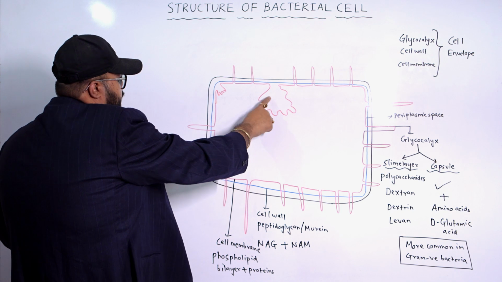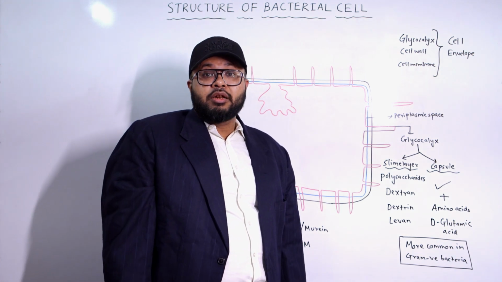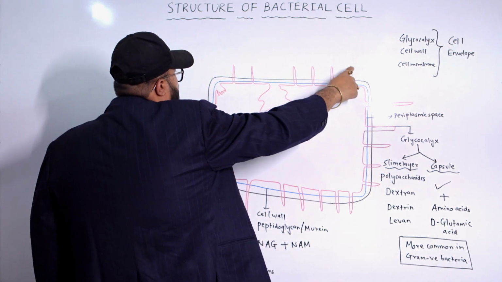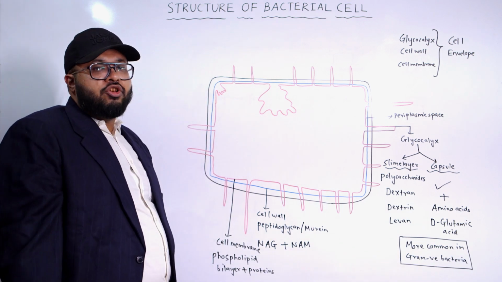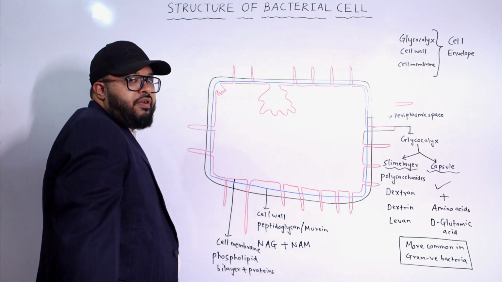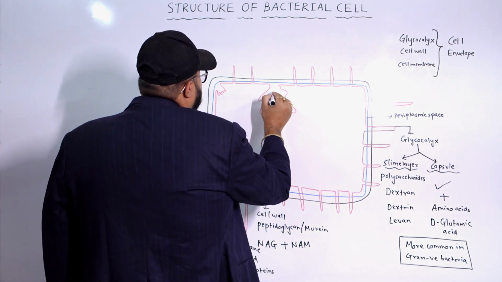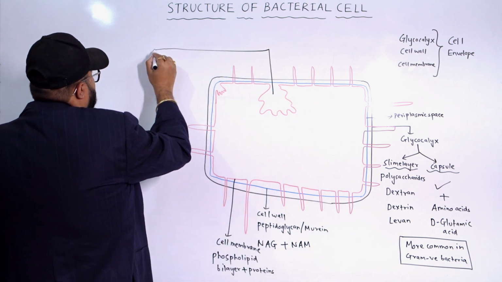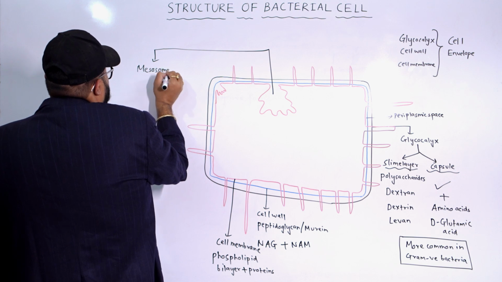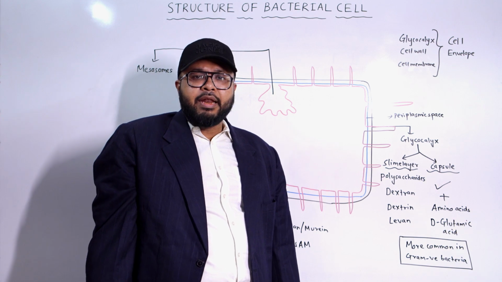These are the ingrowths or invaginations or infoldings of the cell membrane, whereas these are the outgrowths or evaginations of the cell membrane. These ingrowths or invaginations or infoldings of the cell membrane are called mesosomes. They occur in the form of tubule, vesicle or lamellae.